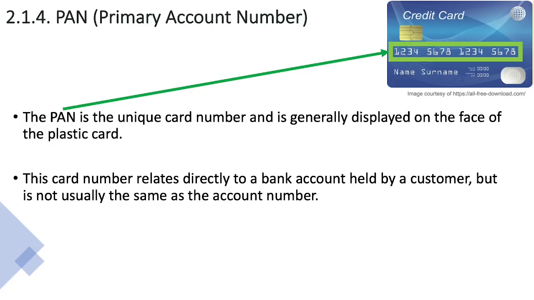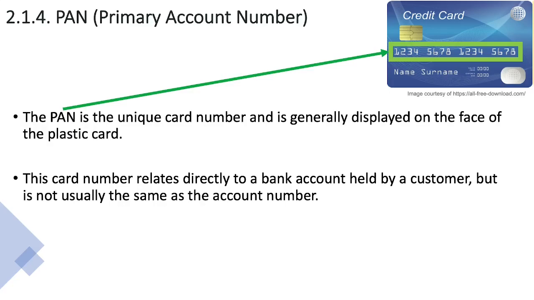So what you have is when you open up an account with the bank, the bank will create an account, and that account, which is a pool of funds, will have an account number associated to it. The bank will then issue you with a card, and the card has a card number or primary account number or PAN. And this PAN is different from the account number. On the bank's host system, what you will find is there is some sort of mapping involved that will map this card number to that account number.